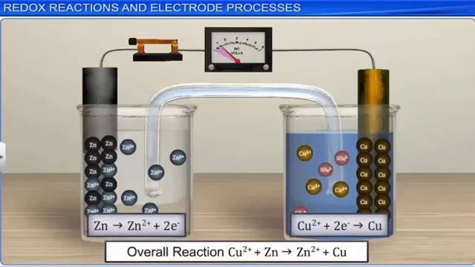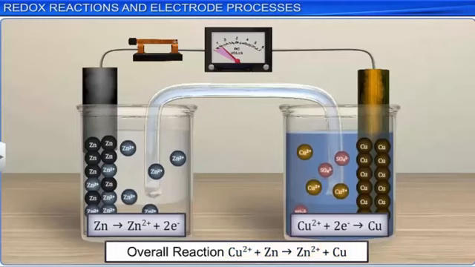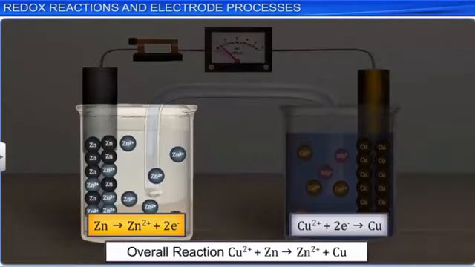The overall equation for the reaction is copper 2+ ions react with zinc metal to form zinc 2+ ions and copper. Note that Zn loses electrons and undergoes oxidation, and hence the beaker in which the zinc rod is immersed in zinc sulfate solution is called the oxidation half cell.